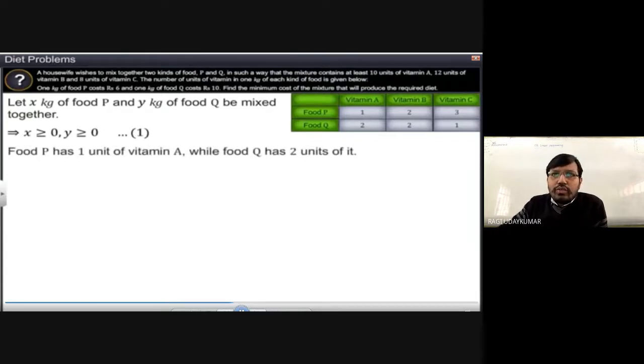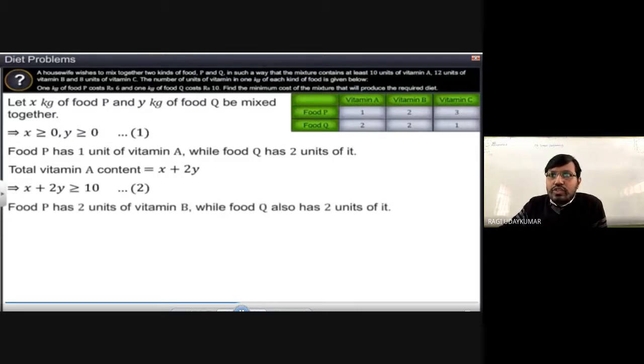Food P has 1 unit of vitamin A while food Q has 2 units, so x plus 2y. And vitamin A, at least 10 units is stated, so this has to be minimum 10, it can be more than 10. That is nothing but x plus 2y should be greater than or equal to 10.